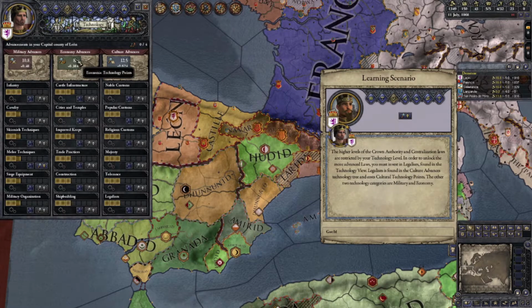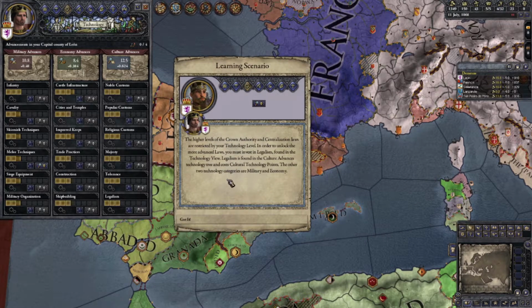Alright, so we have military advances, economic advances, cultural advances. So, the higher levels of crown authority and centralization laws are restricted by your technology level. In order to unlock the more advanced laws, you must invest in legalism. Found in the technology view, legalism is in the culture advances technology tree and costs cultural technology points.